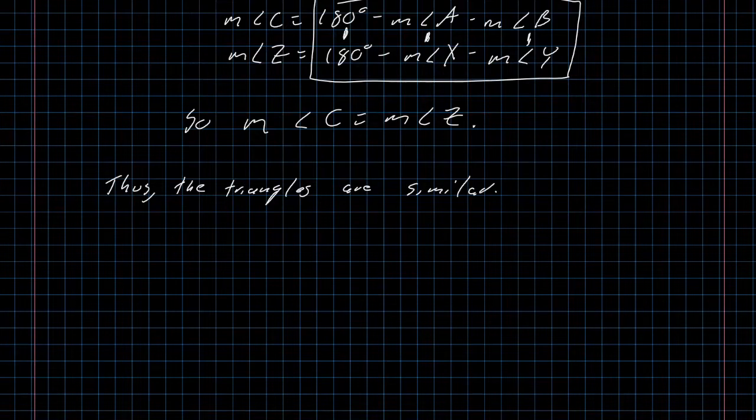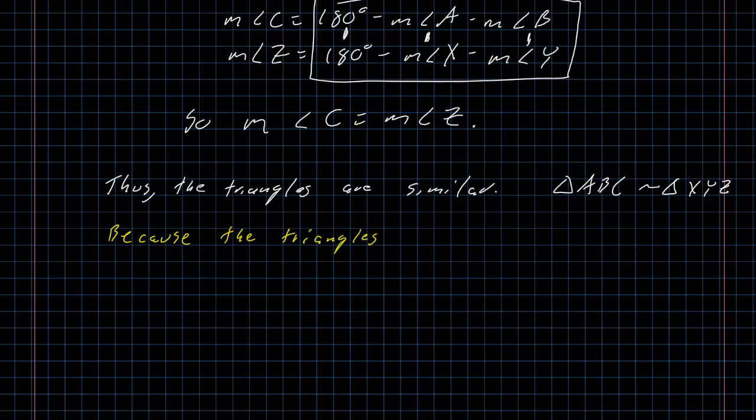And I can claim that the triangles are similar. Right? Triangle ABC is similar to triangle XYZ. Now, because we have similar triangles, the lengths of corresponding sides are in proportion.